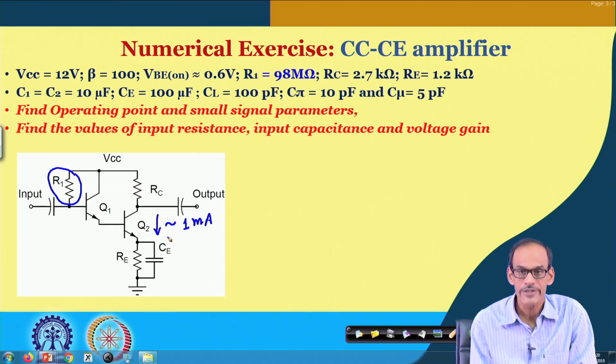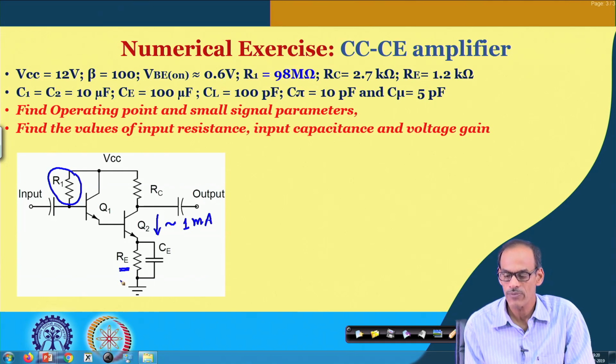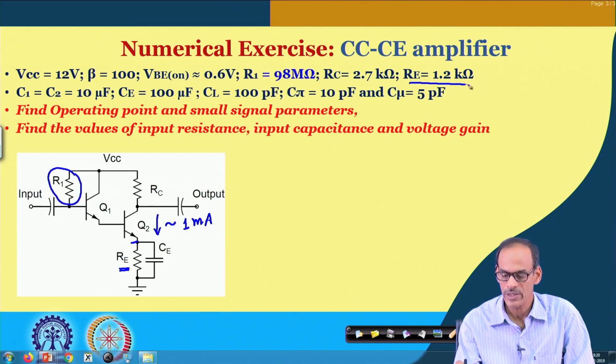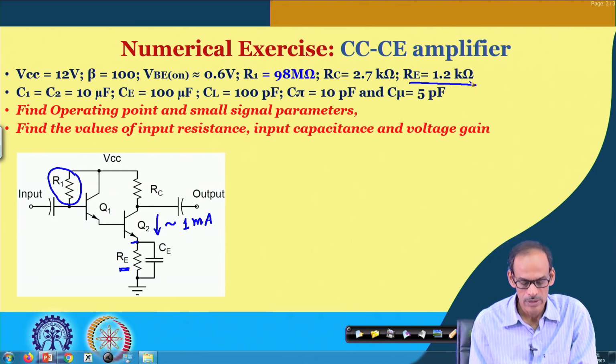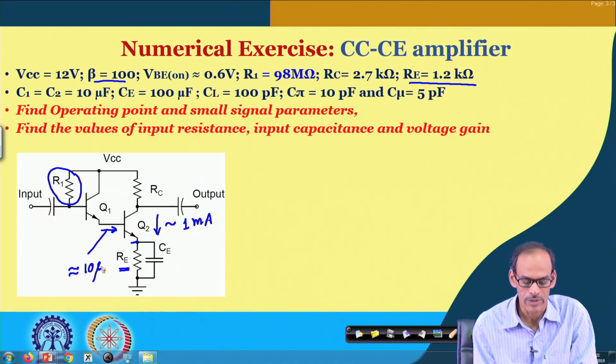So, if IC of transistor 2 is 1 milliampere, and we would like to retain the same DC voltage at its emitter, we maintain RE as 1.2 K. Since its beta is 100, the required base current is close to 10 microampere.